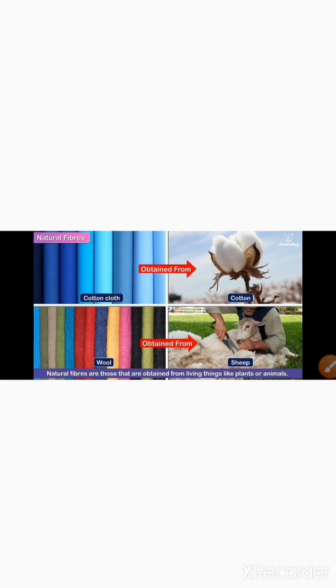What are natural fibers? Natural fibers are those that are obtained from living things like plants and animals. We can obtain these fibers from plants and animals, right? Okay.